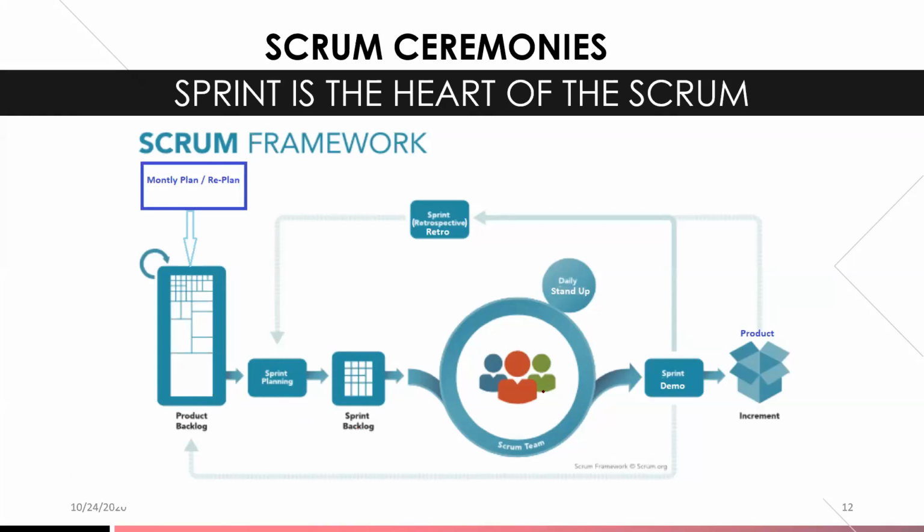So now we're into the sprint, and we have the Scrum team working on the, you could say stories that are defined for this sprint. On a daily basis, the Scrum team participates in what's called a daily stand-up, or it's also called the Scrum.